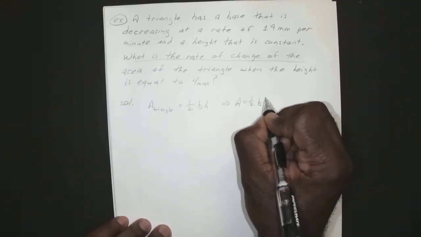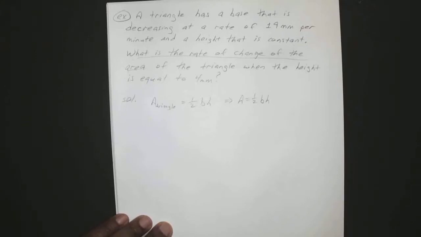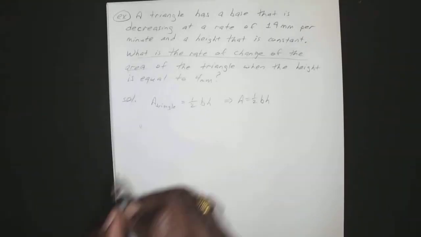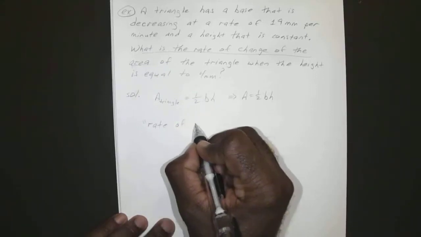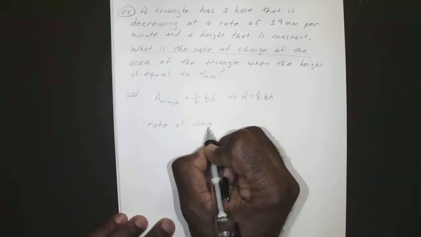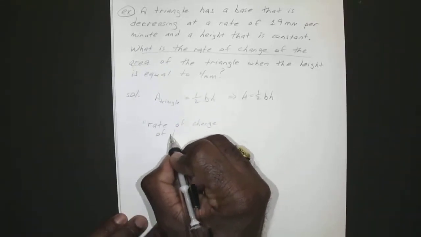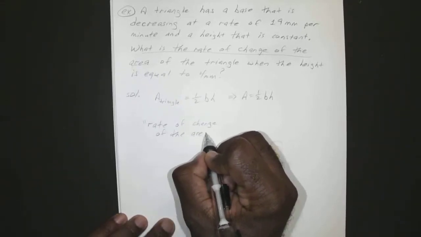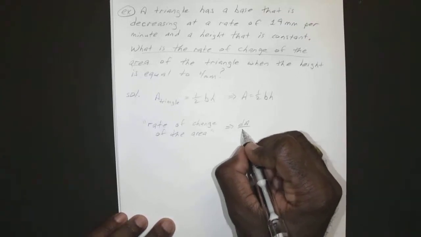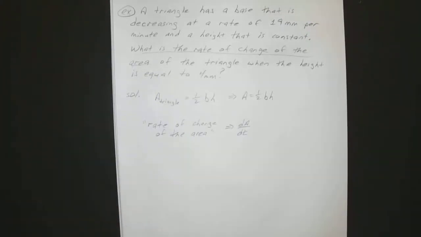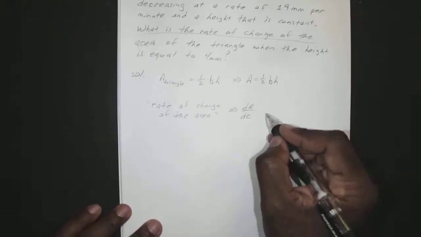Equals 1/2 base and height. Okay, so we know that rate of change of the area is your dA/dt. So we just apply d/dt to both sides.